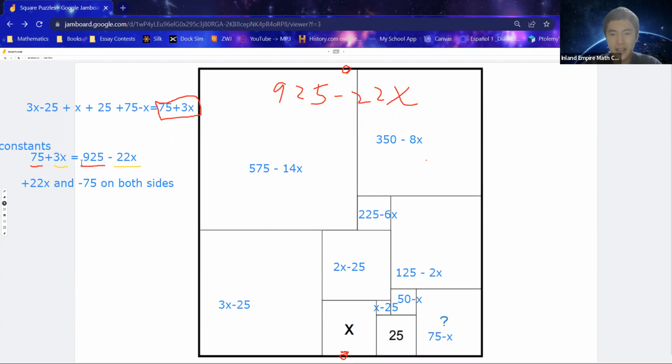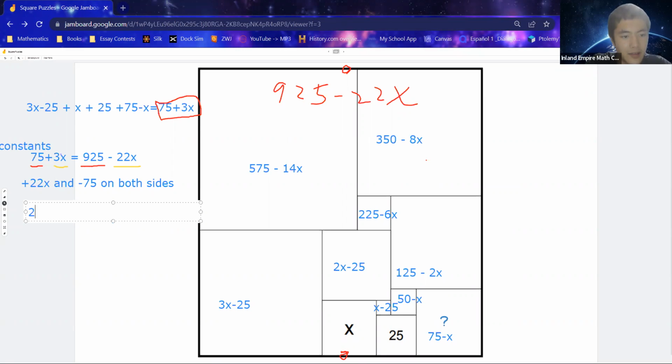So when you do the same thing to both sides, like adding the same quantity, such as in this case, we are adding 22x to both sides and subtracting 75 on both sides, we're taking away or adding the same amount of stuff, so the scale remains balanced, right? The equation remains the same. So by adding 22x and subtracting 75, we would put the terms that are alike on the same side.